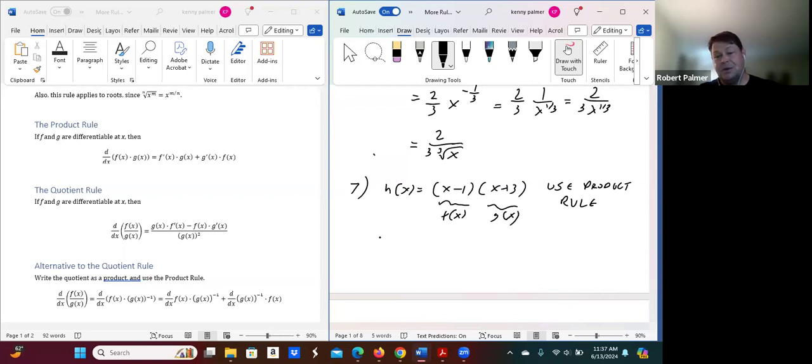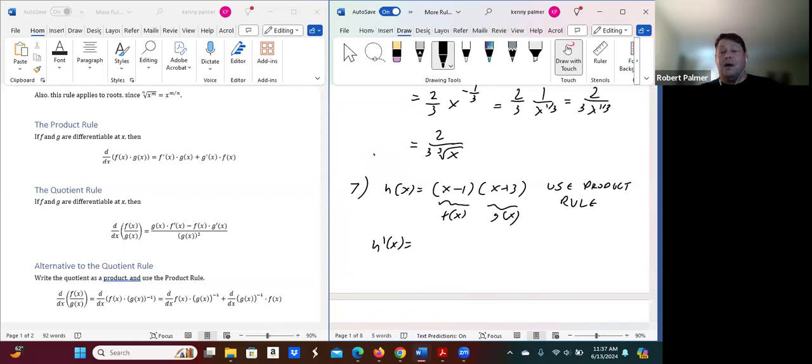And so h prime of x, or we write it as d dx. I take the derivative of the first one. This is a little more complex in the sense that you have to think about the derivative of both.